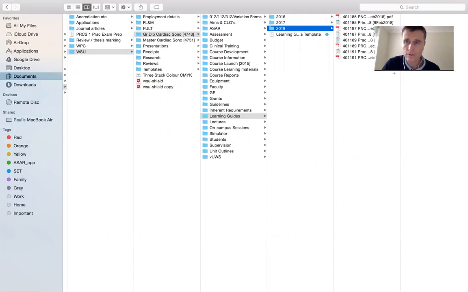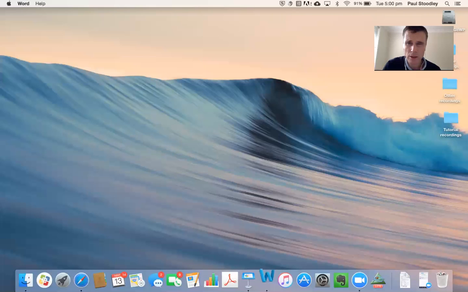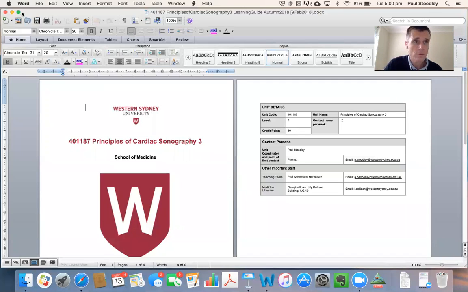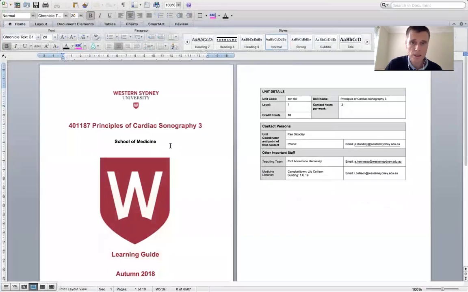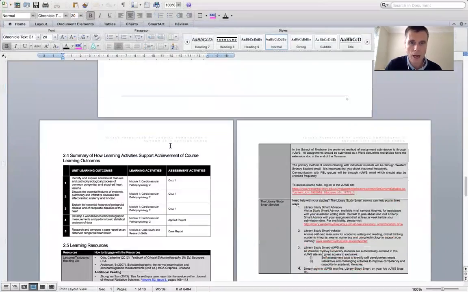These learning guides are available to you via the View site. You'll certainly be able to see them, but let me just go through the marking criteria for these so that you're aware of how those particular assessment items I was just talking to you about are examined.